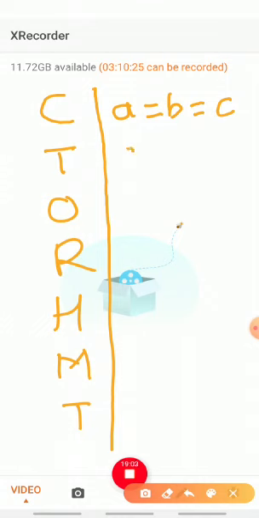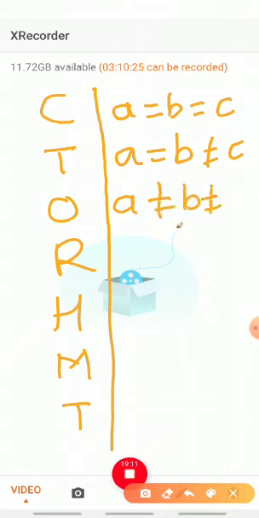Second, you will remember a = b, b ≠ c. And third one, a ≠ b, b ≠ c. Okay, see the trick. First I have written a = b = c. Second, a = b, b ≠ c. Third one, a ≠ b, b ≠ c.